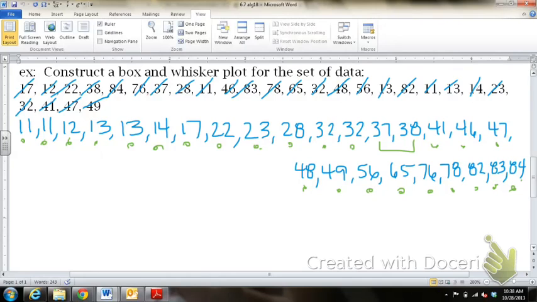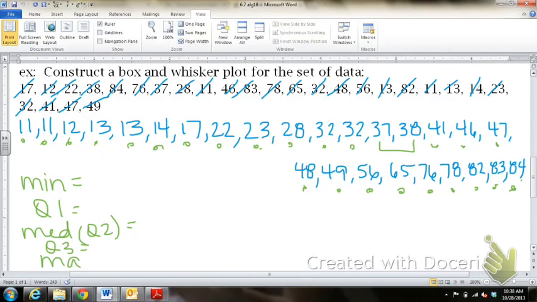So my median, okay, so you want to label your 5 points. Min, Q1, median, which is sometimes called Q2, Q3, and your max. Well, my median is going to be halfway between 37 and 38, so that is going to be 37.5.